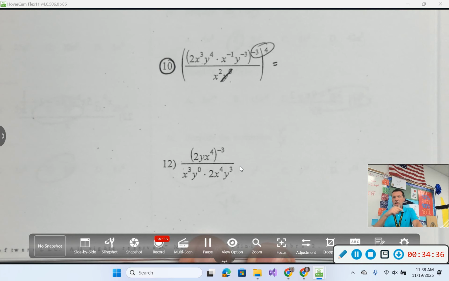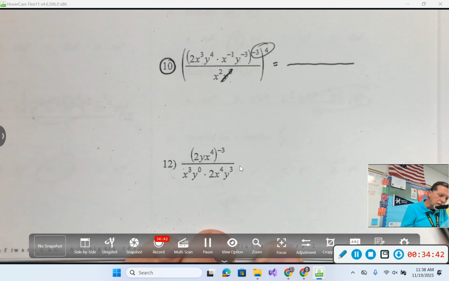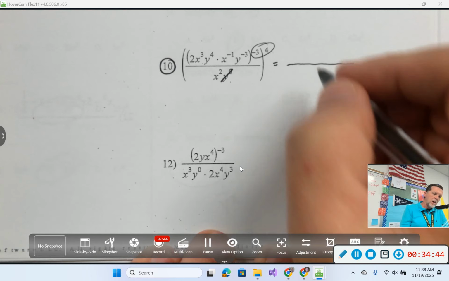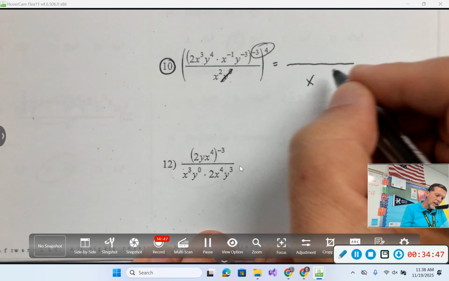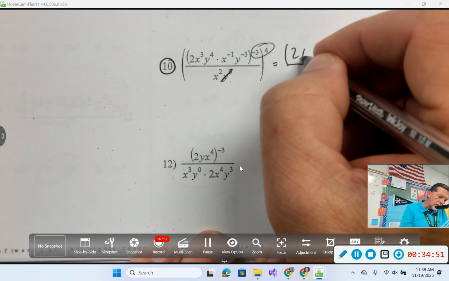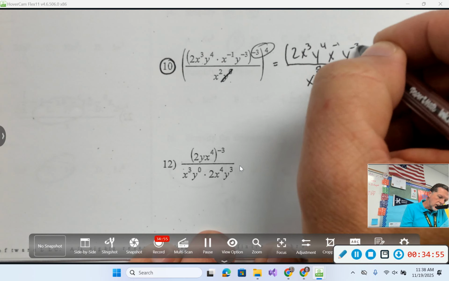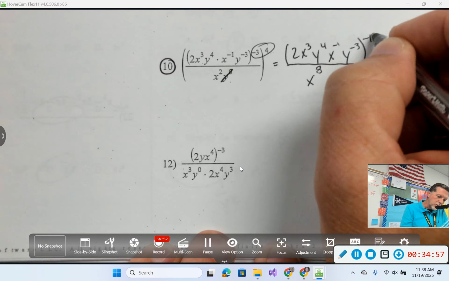Because that x squared in the bottom will also need the 4. So I could do it, but what's the denominator going to be now? X to the 8th, because that 4 is going to that x squared as well. So x to the 8th and then all of this stuff to the negative 12.